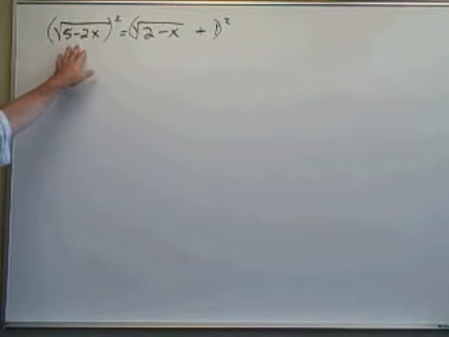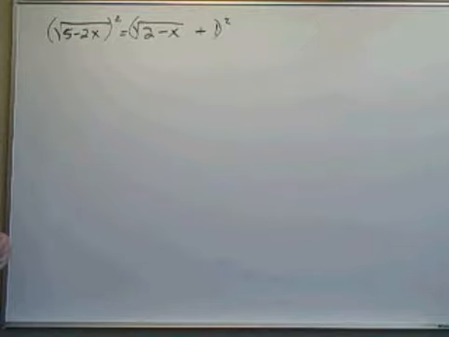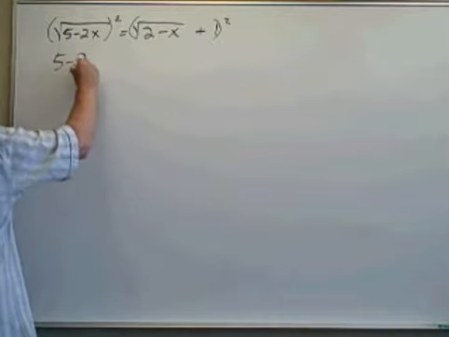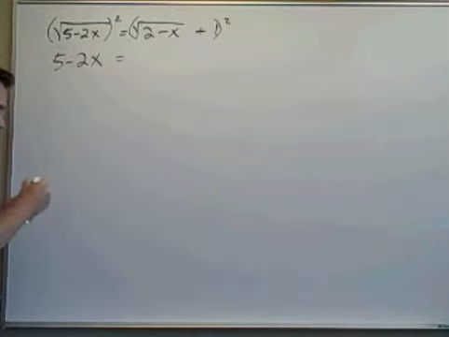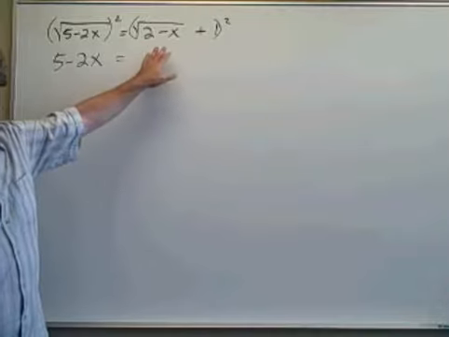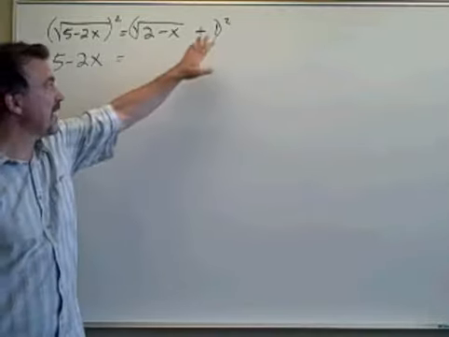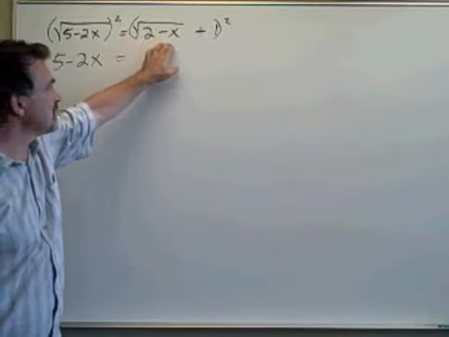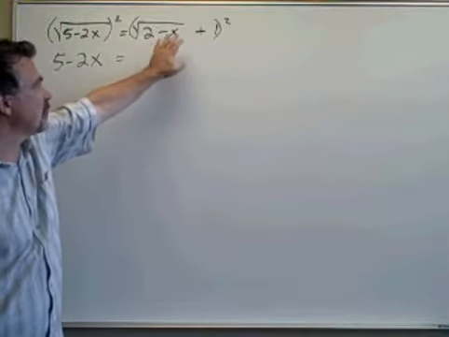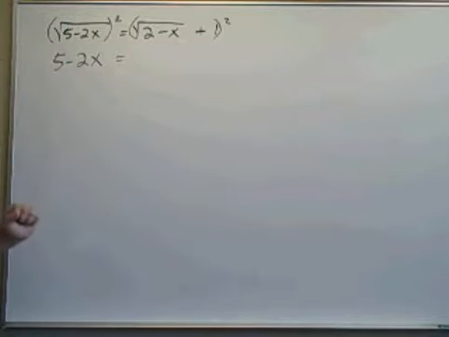Well, raising the square root of 5 minus 2x to the second power is simply going to give me the radicand there, 5 minus 2x. But now look at this side of the equation. How do I raise the square root of 2 minus x plus 1, how do I raise that binomial to the second power?